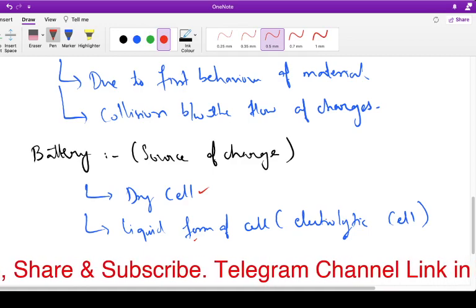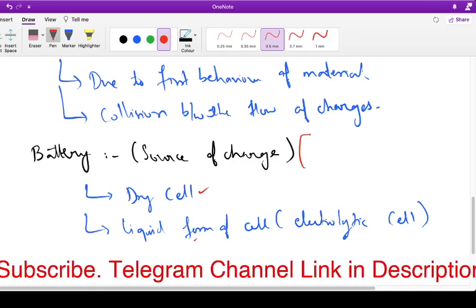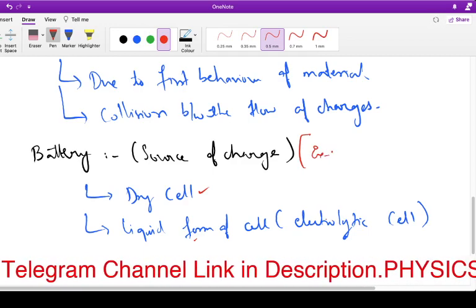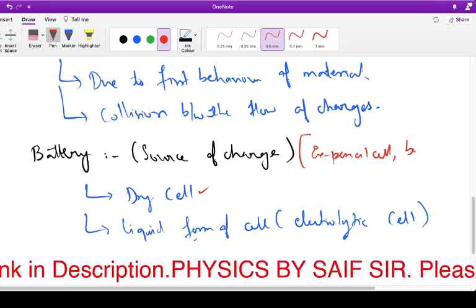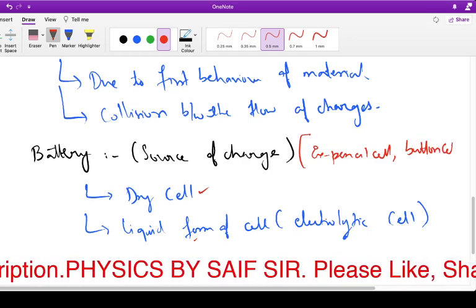Some examples of them are this battery, pencil cell, button cell, etc.